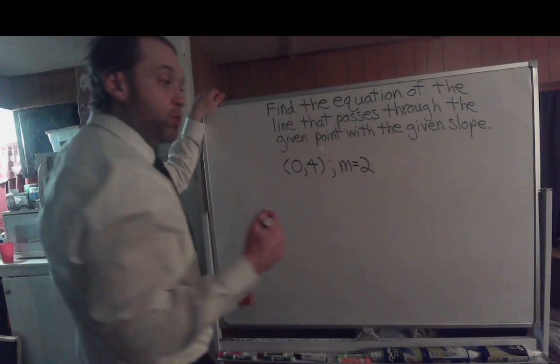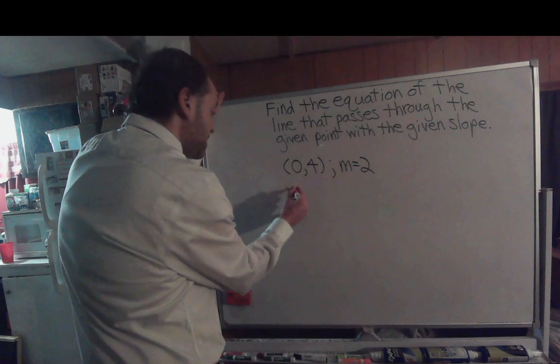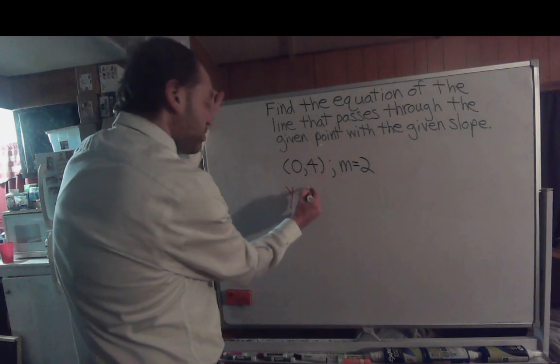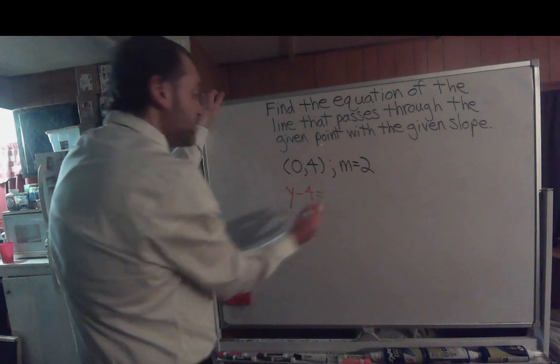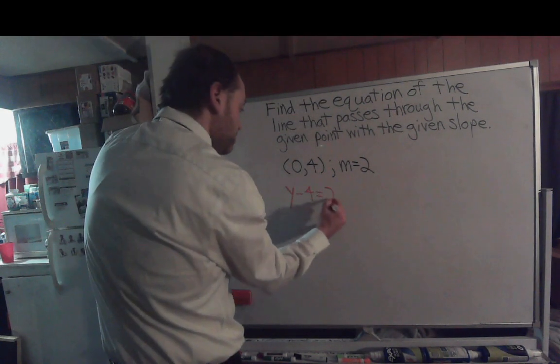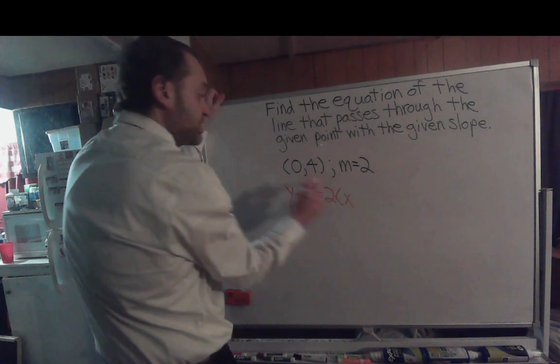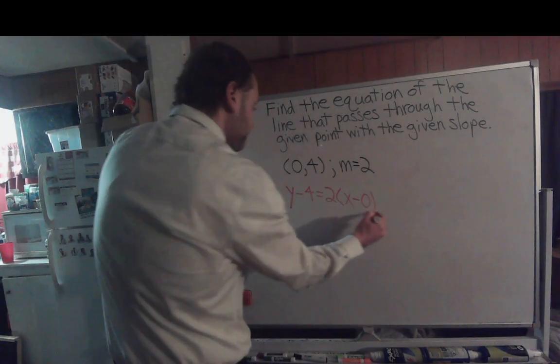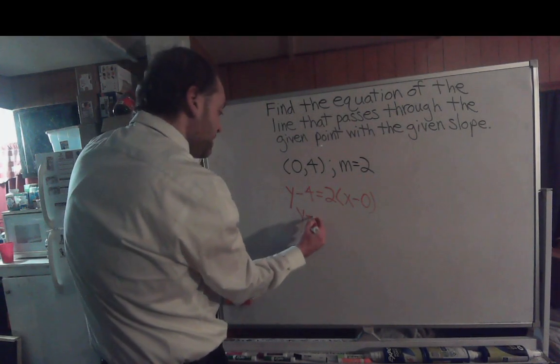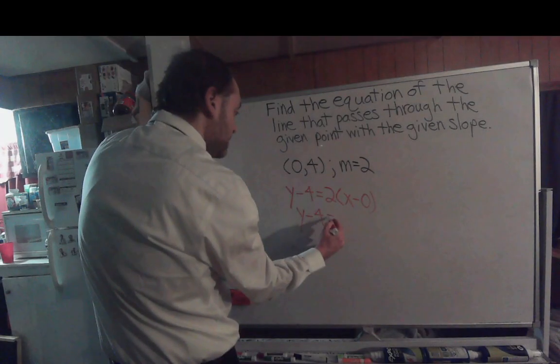Point-slope form, of course, is y minus your y-coordinate of 4. That's going to equal 2 times x minus your x-coordinate of 0, which would give you that y minus 4.